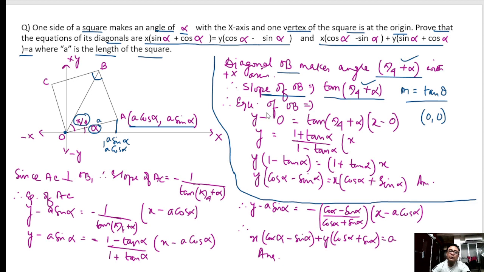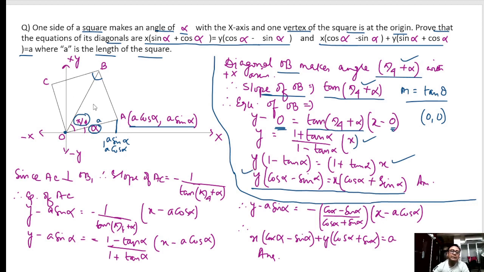So what is the equation? y minus y1 is m times x minus x1. So this is what we get. Now break the tan. If you break tan into sin alpha by cos alpha, you will get this equation. So this is the equation of the OB.